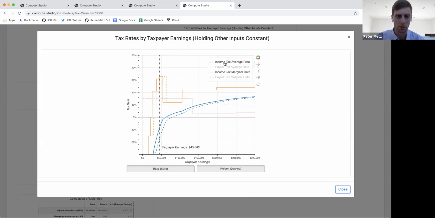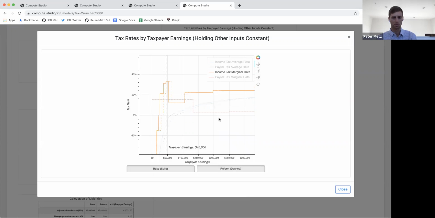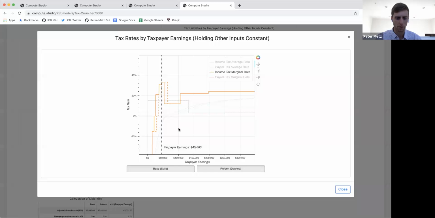Actually, let's just look at marginal rates. We can see here that marginal rates are basically lower. I guess they get higher here, but we'll investigate that a bit more in the credits. But this is what would happen to your marginal rates. We can zoom out. Again, no effect for higher earners once the EITC phases out.